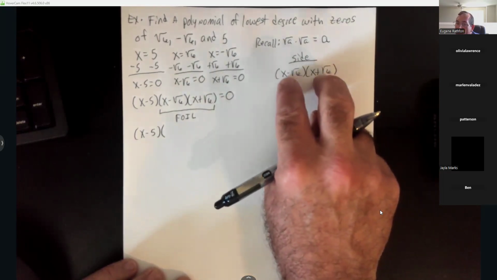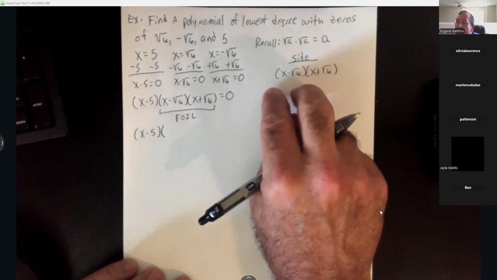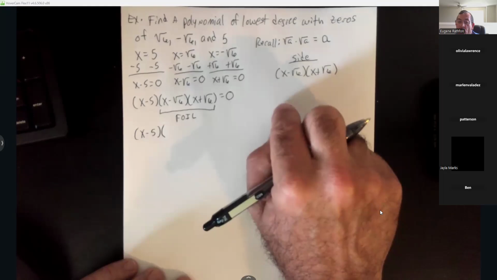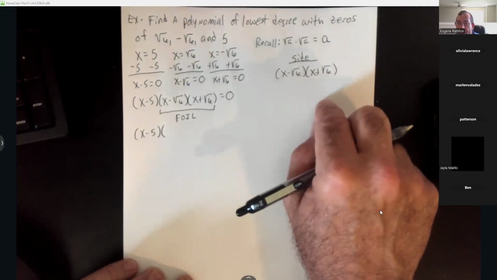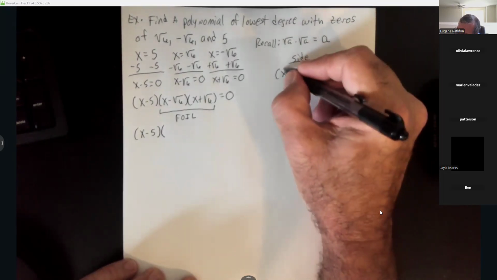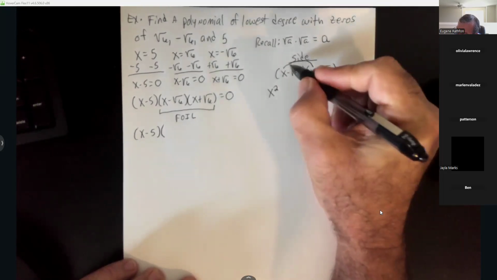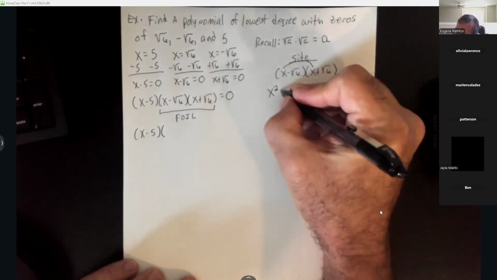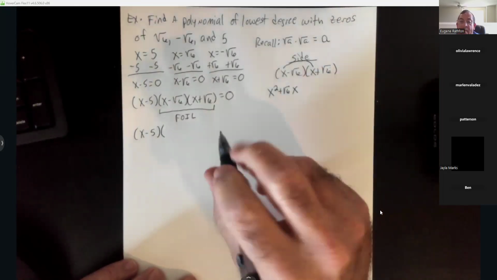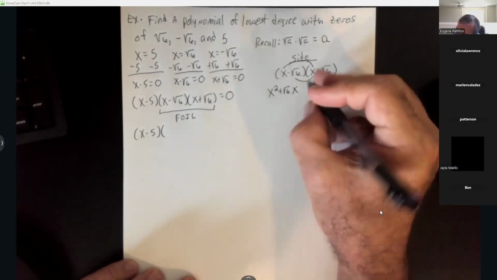Now, the nice thing about multiplying conjugate pairs of radicals is the radicals will disappear. Okay? So when I'm done, there will be no more radicals in this. So y'all, let me show you how that happens. X times x is x squared. X times the square root of 6 is the square root of 6 times x. All right, here you got a negative square root of 6 times x.